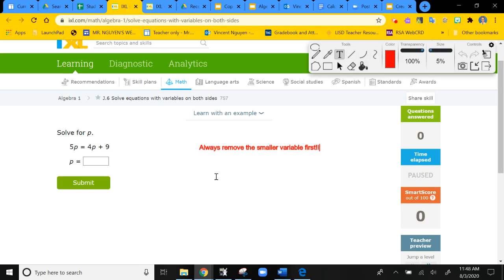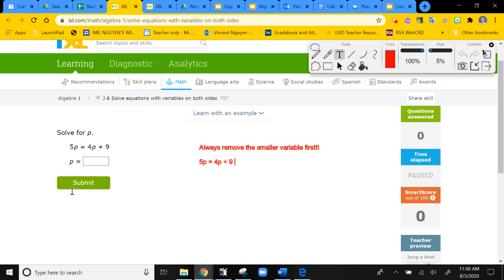If you can see here, I have 5p equal 4p plus 9. I have to remove either the 5p or the 4p. Well, the rule is remove the smaller variable first, because if you remove the smaller variable, you'll always end up with a positive variable. And a positive variable is what we want.